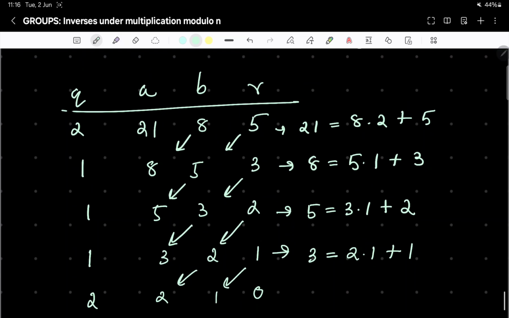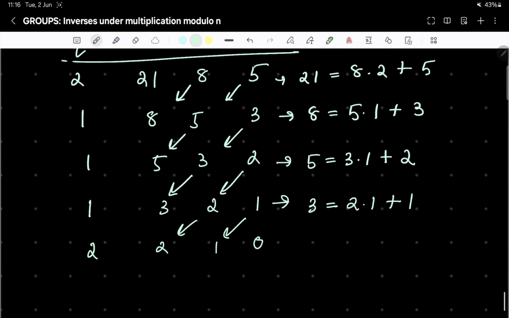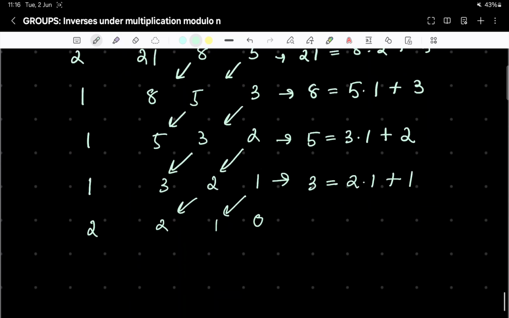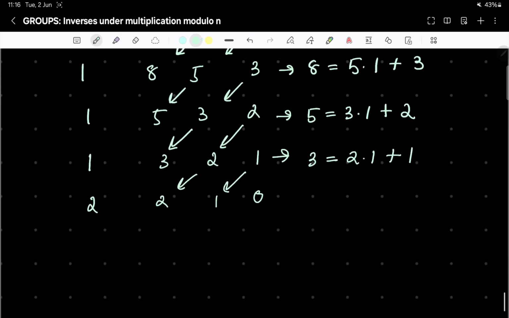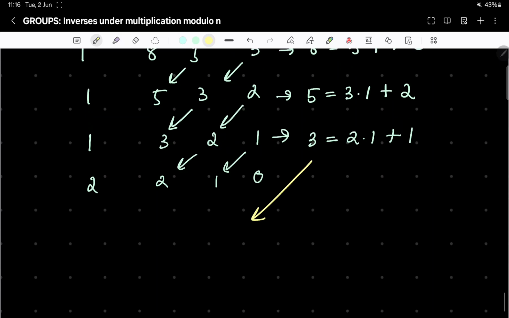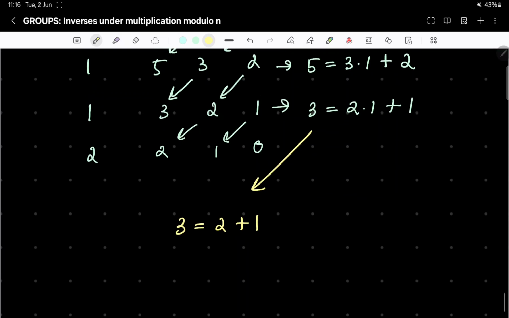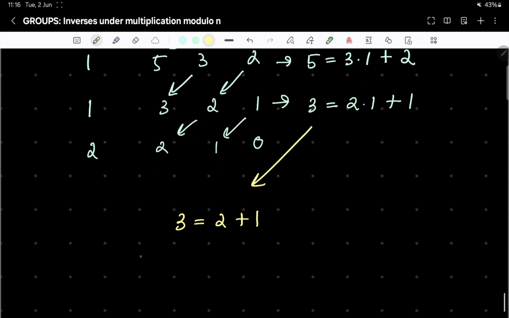Okay. So we need a linear combination containing 21 and 8. So we are backtracking like this. So listen carefully. You have 3 is equal to 2 plus 1. So from this you will get 1 is equal to 3 minus 2. Now the left hand side is safe.